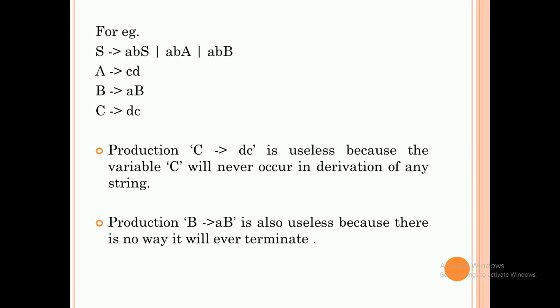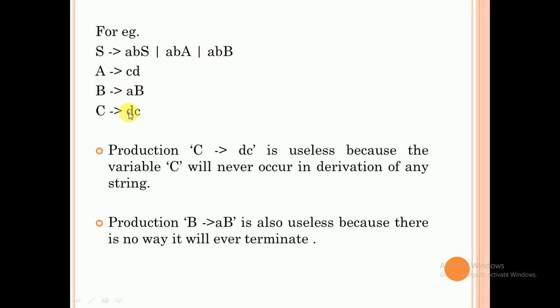So let's take a simple example. Here you will be given 6 productions. In these 6 productions, we have 3 starting productions, and the production C goes to DC is not taking part in our start variable. C is not there in the start variable.